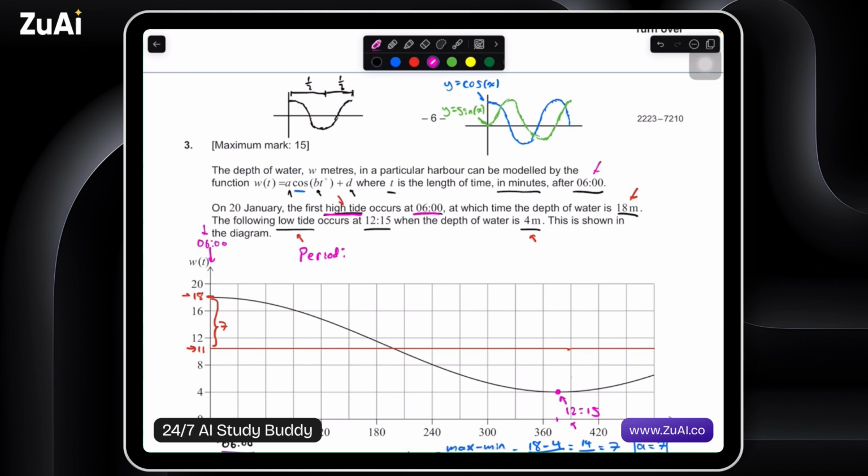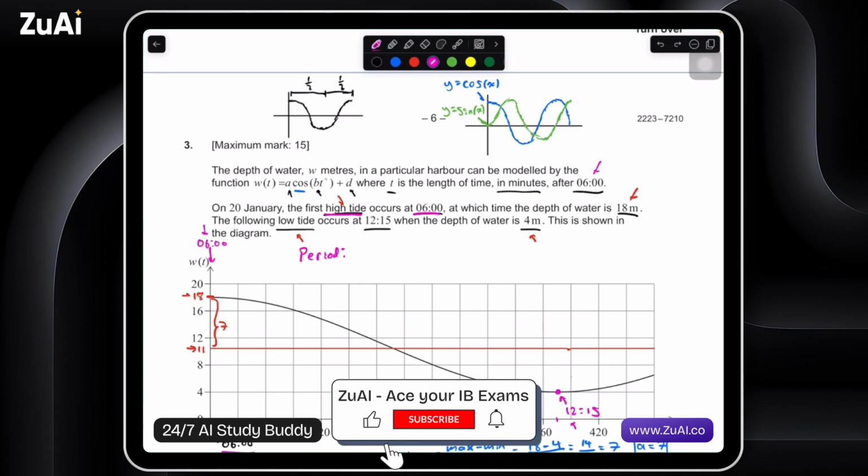From 6 to 12:15, how much time has passed? This is going to be a little funny. I think it's actually best to use intuition. If you started at 6 in the morning and go all the way to 12:15, how many hours pass?